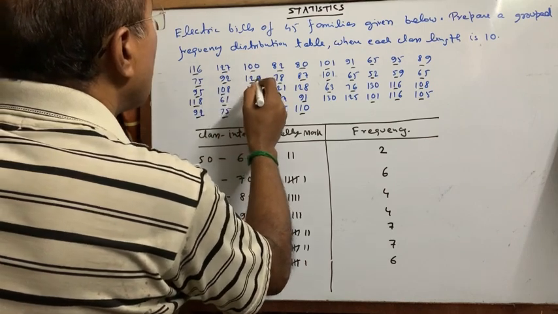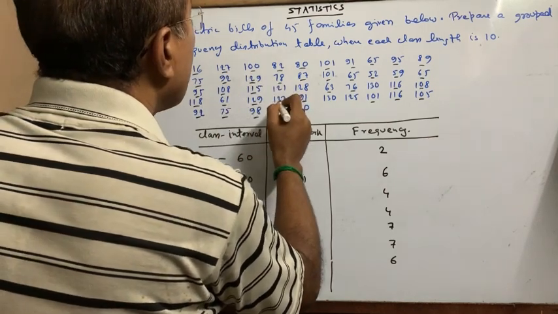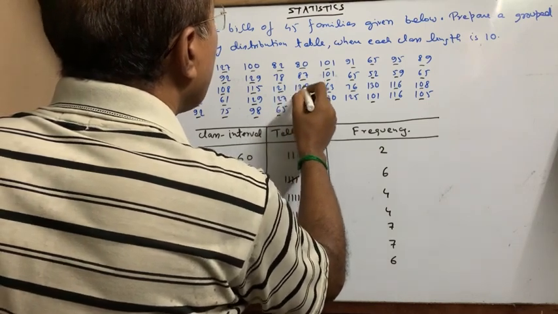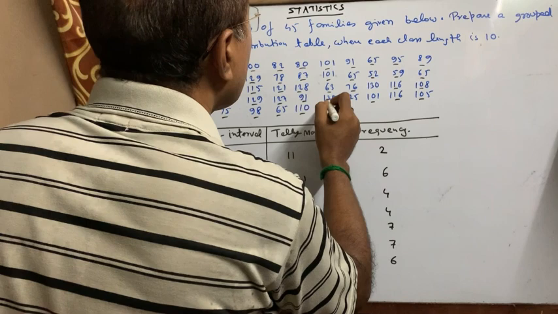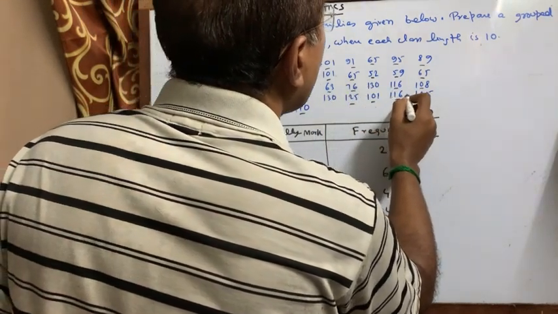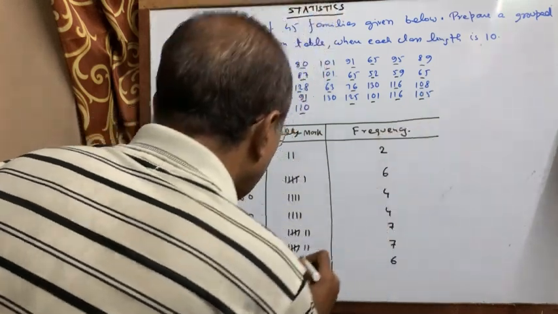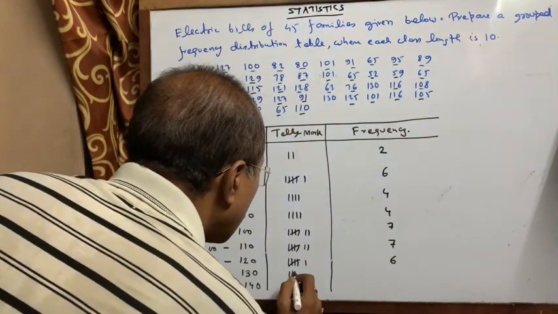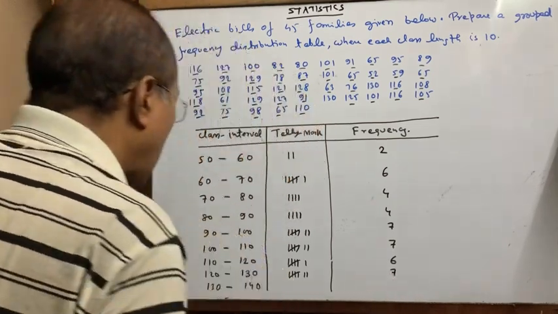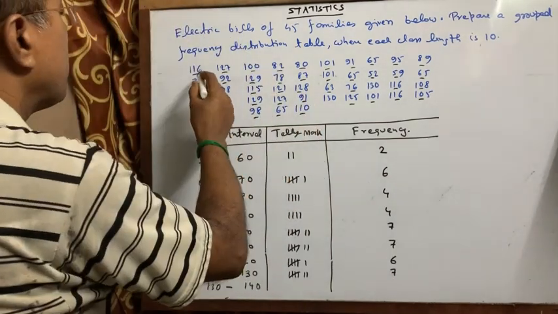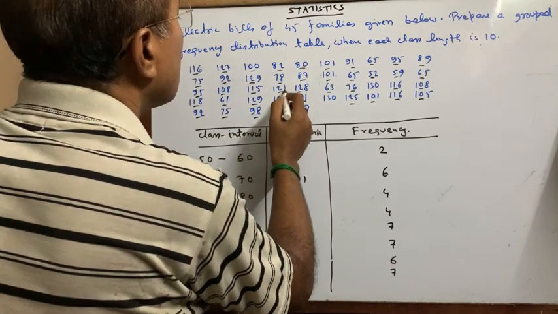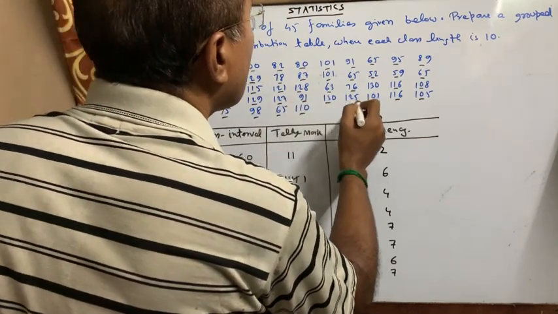From 120 to 130: 1, 2, 3, 4, 5, 6, 7. And now from 130 to 140: 1.